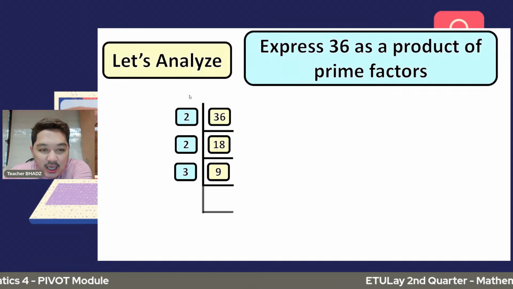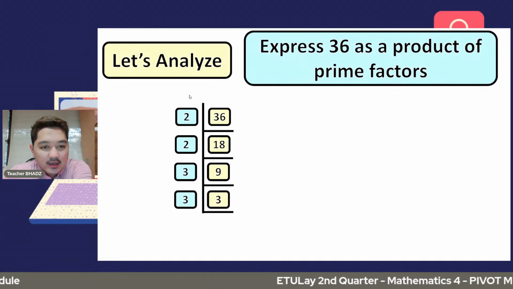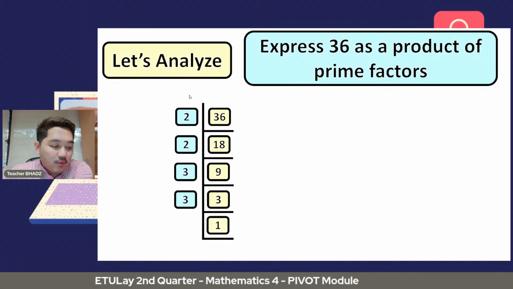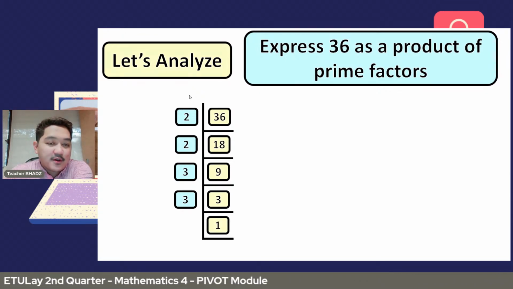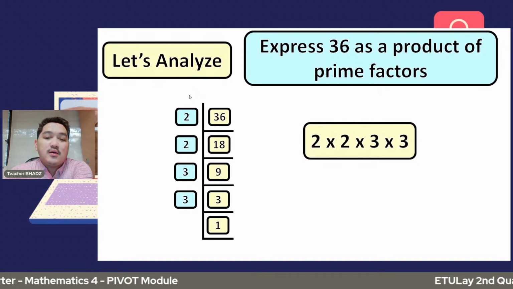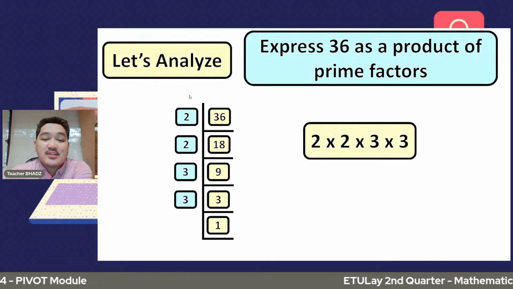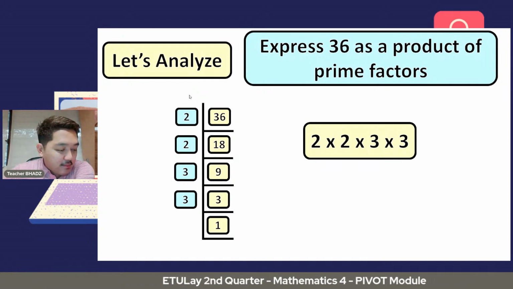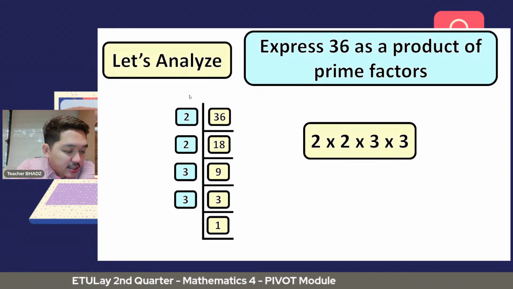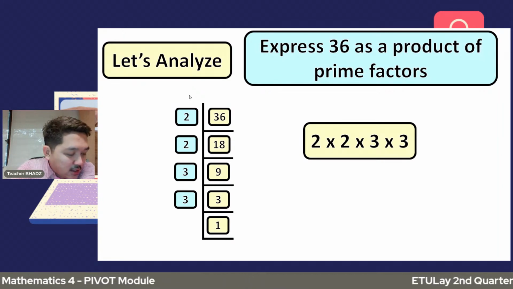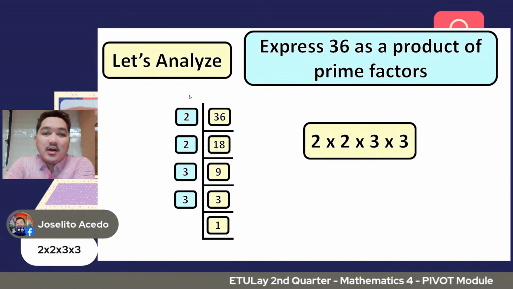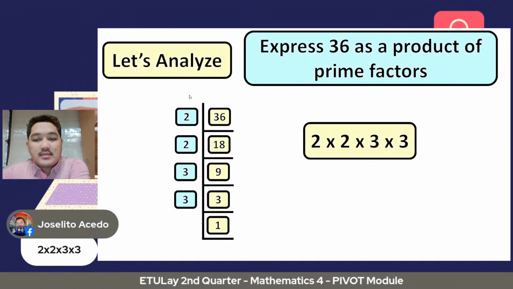And divide it by 3, magiging 3. 3 divided by 3 will give us 1. So, the prime factorization of 36 is 2 times 2 times 3 times 3. Tama ang sagot ni Mardy, tama rin ang sagot ni Sabia, at ni Johan Manlangit at ni Joselito. Ayan, dumarami ang mga nakakuha ng tamang sagot.